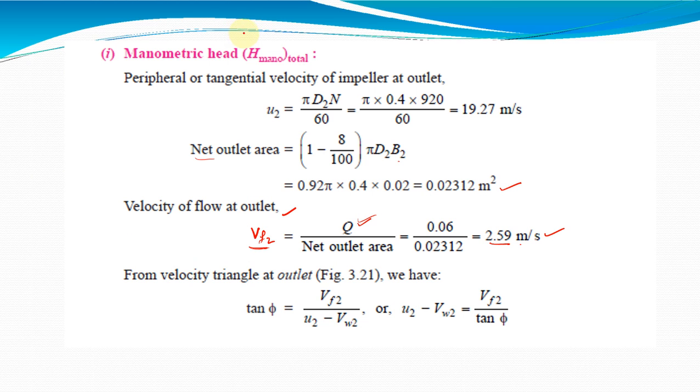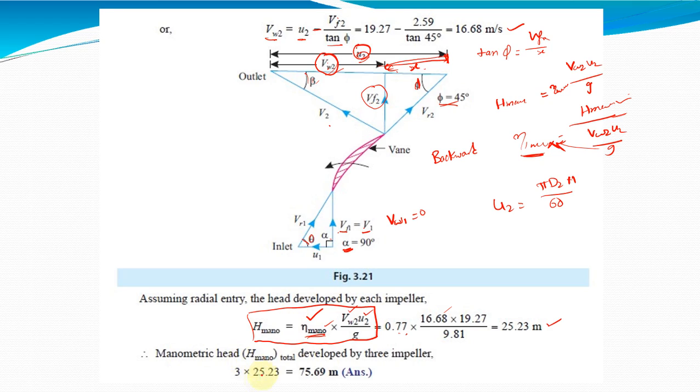So the manometric head will be 3 into 25.23. For pumps in series the discharge will be constant, and the head developed will be the number of stages times the head developed by one runner. So this is the total head developed by the pump, 75.69 meters, the total manometric head, right?